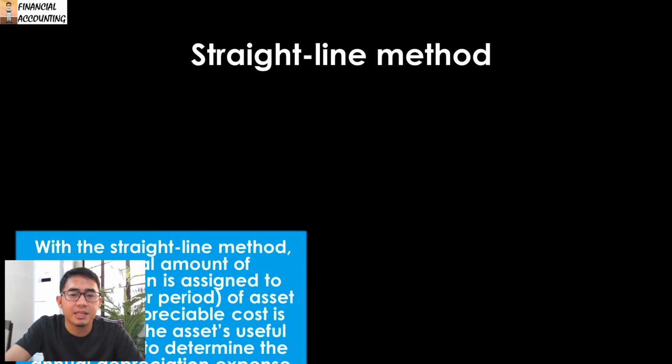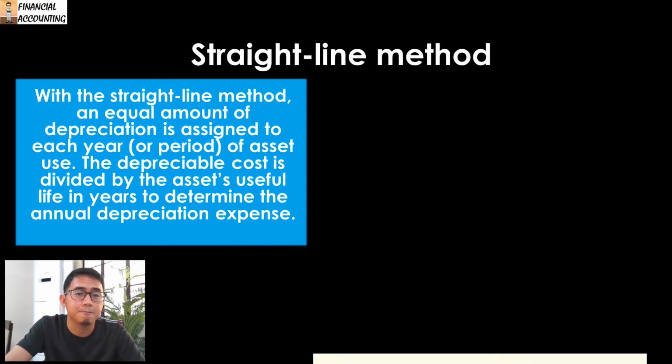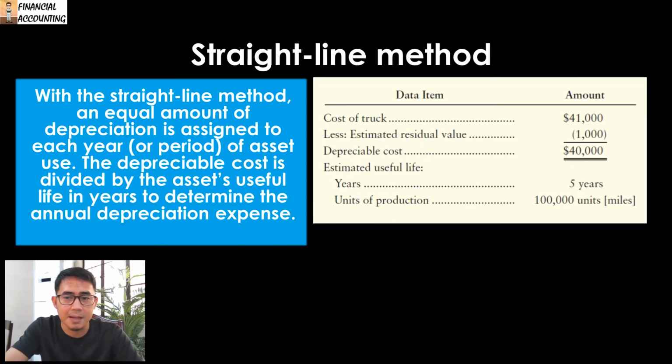So we have here the straight line method. With the straight line method, an equal amount of depreciation is assigned to each year or period of asset use. The depreciable cost is divided by the asset's useful life in years to determine the annual depreciation expense. So let's have this example. We have here the cost of the truck, $41,000.